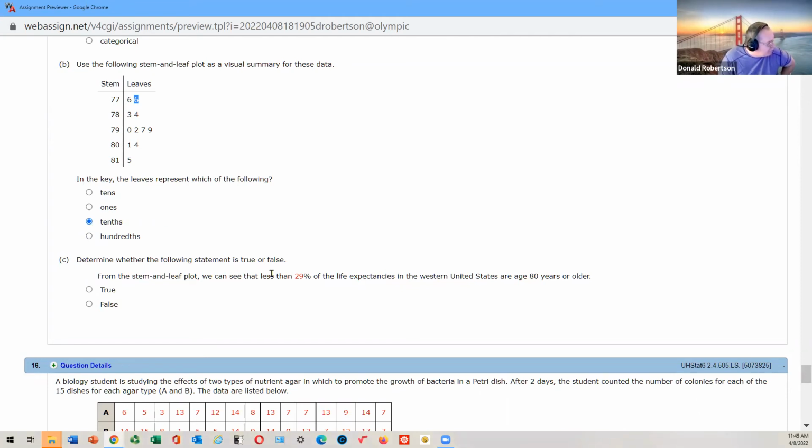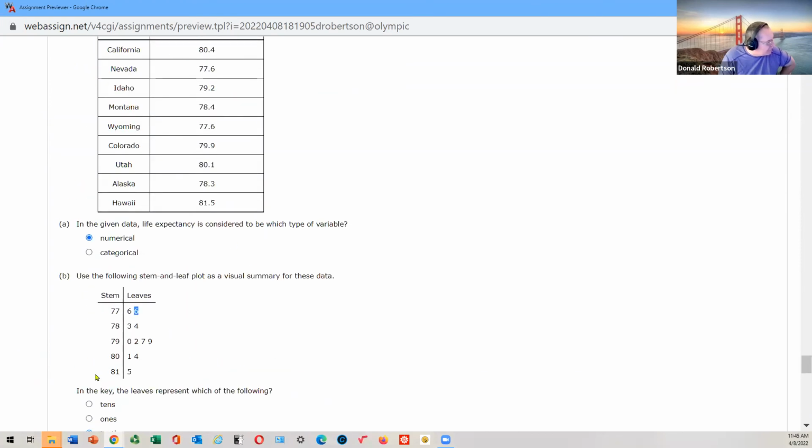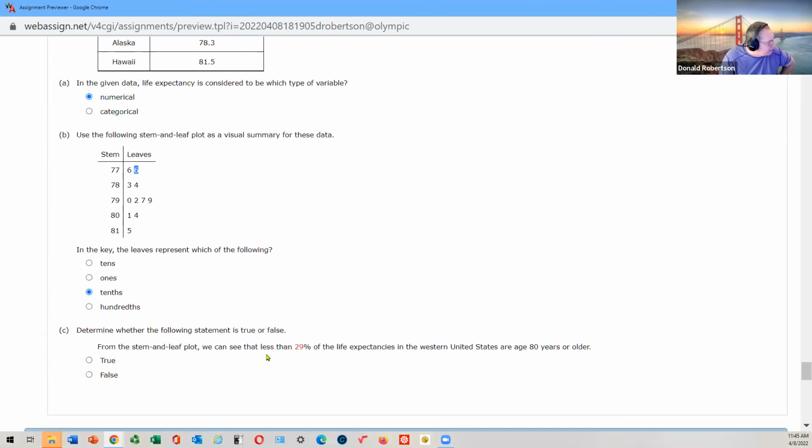Determine whether the following statement is true or false. From the stem and leaf that I can see here, we can see that less than 29% of the life expectancies in the Western United States are aged 80 or older.